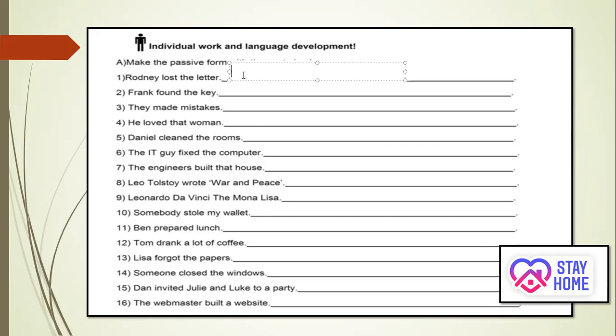On the left side, we have the active voice, and we will write it in the passive voice. The letter was lost by Ronnie. So you can see, we have a perfect passive sentence.